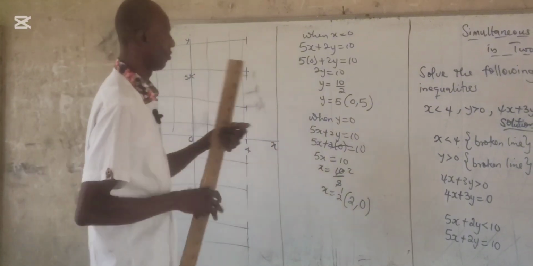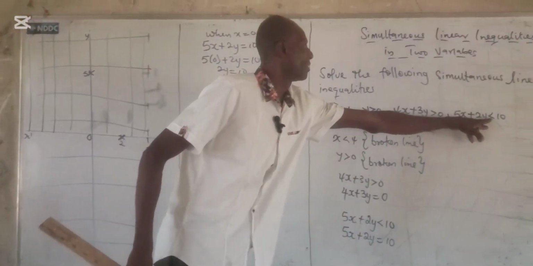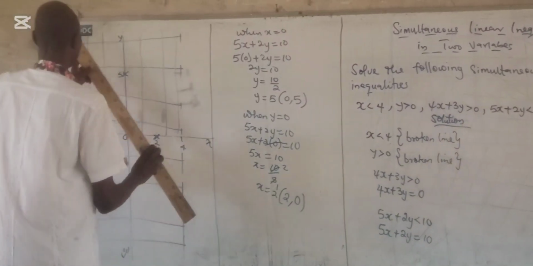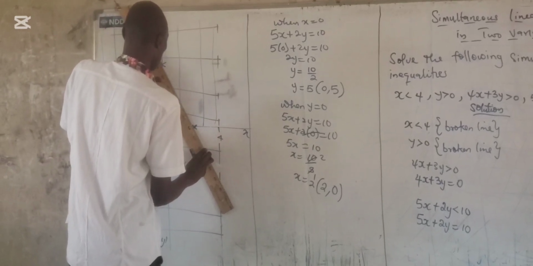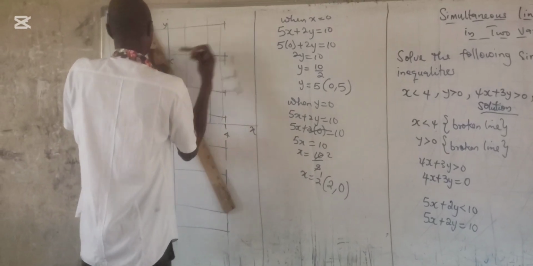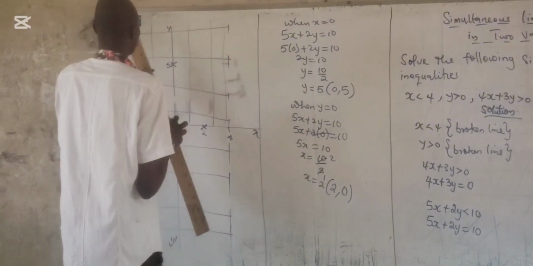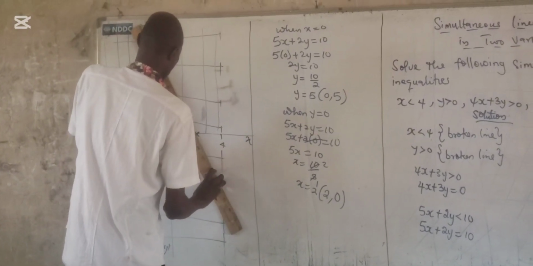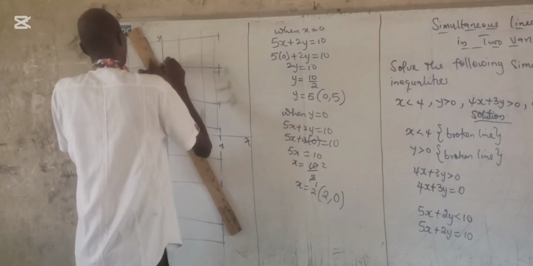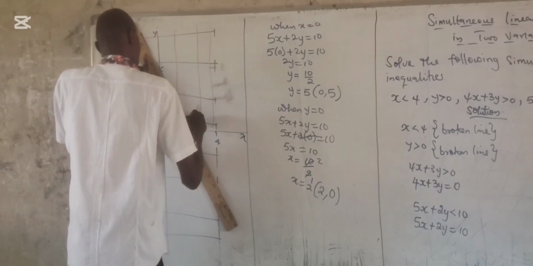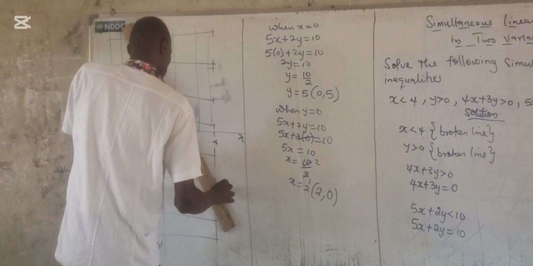When you look at this question, it's less than. So I will draw the points together with a broken line. Because of that less than, I will draw it with a broken line.